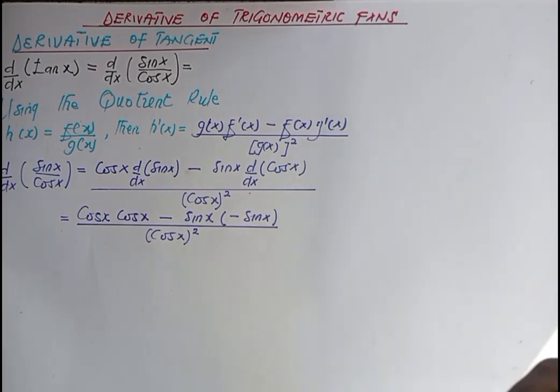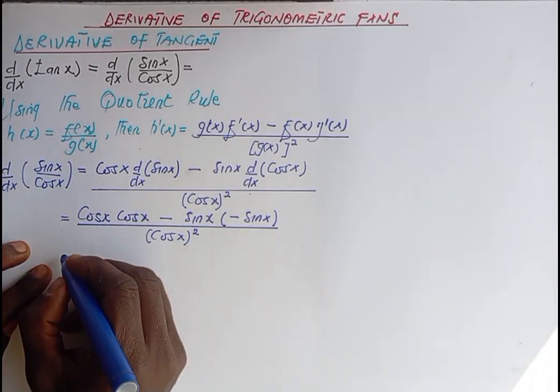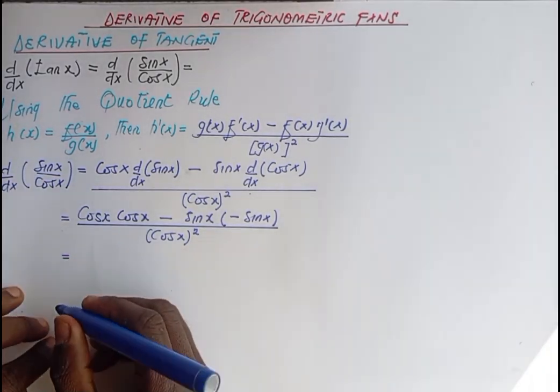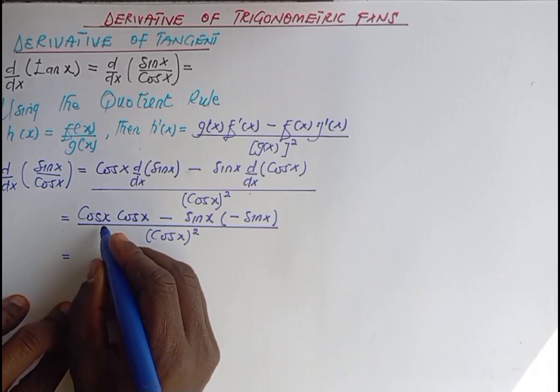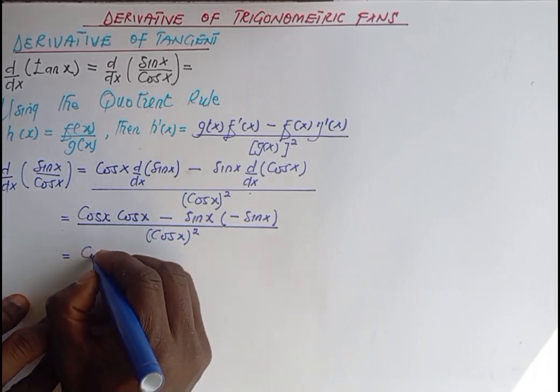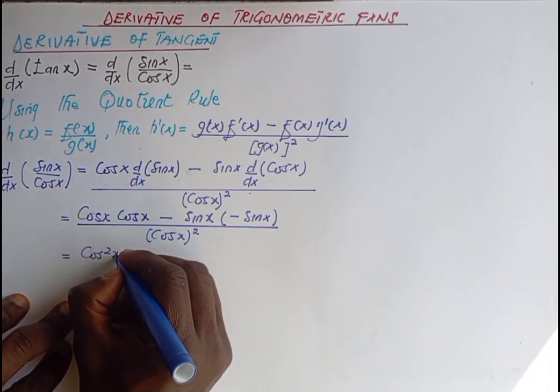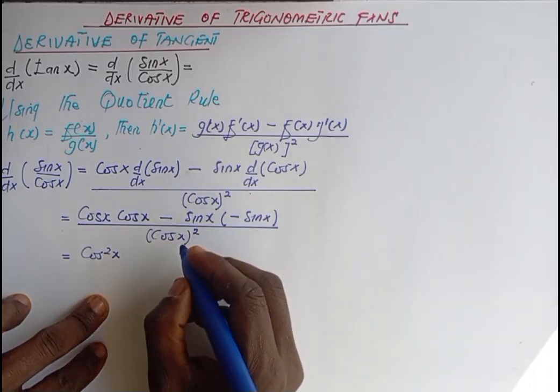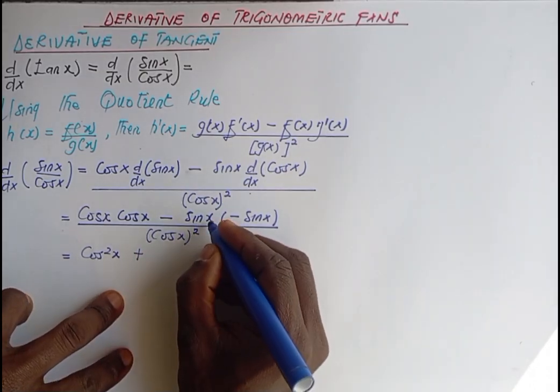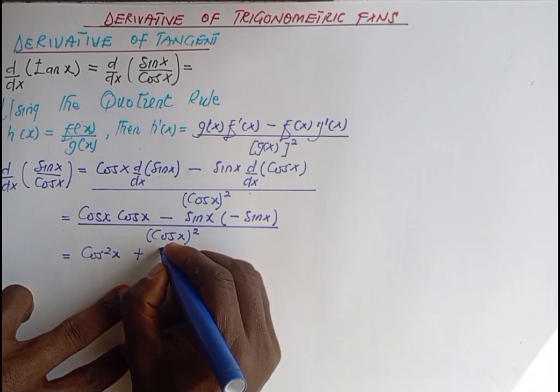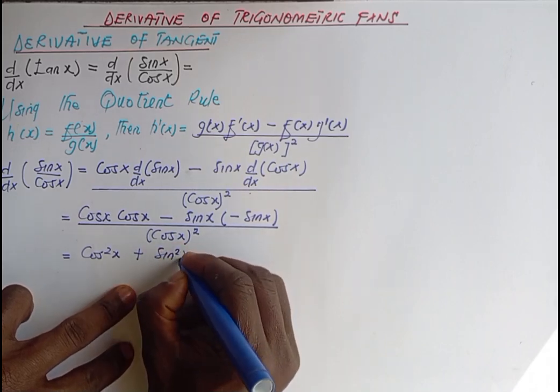Now we do a little bit of algebra and recall some identities that we know. Cos x times cos x gives cos squared x, and negative times negative gives plus, sine x times sine x gives sine squared of the angle x.